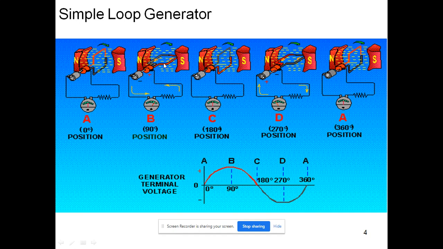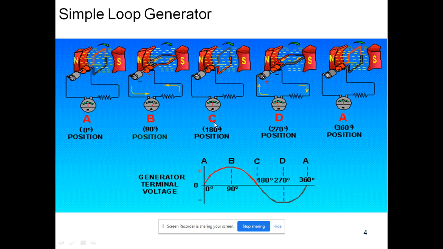When it rotates to horizontal, the rectangular coil is exactly perpendicular to the magnetic flux lines, so maximum flux will be cutting. Hence the EMF induced will be maximum, which is shown at point B. The terminal voltage generated is maximum at 90 degrees.